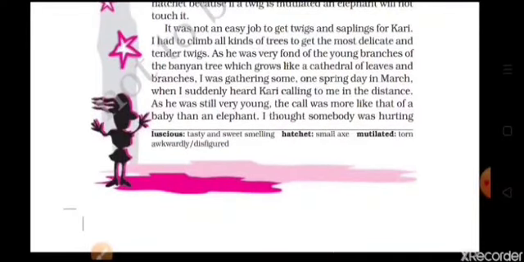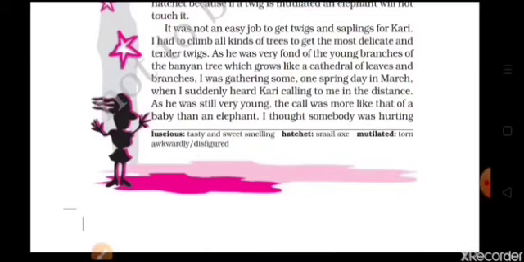As he was very fond of young branches of the banyan tree, which grows like a cathedral of leaves and branches, I was gathering some one spring day in March when I suddenly heard Kari calling to me in the distance.